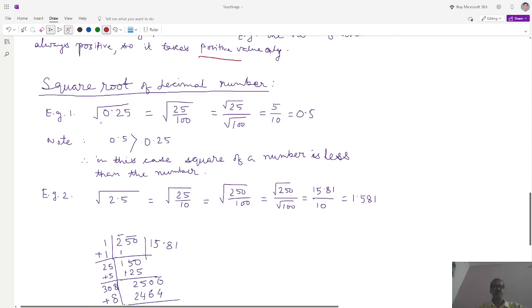Here is an example, root over of 0.25. We may write that this equals root over of 25 divided by 100. So this is equal to root over 25 divided by root over of 100, equals 5 by 10. Because we know that root over of 25 equals 5 and root over of 100 equals 10.